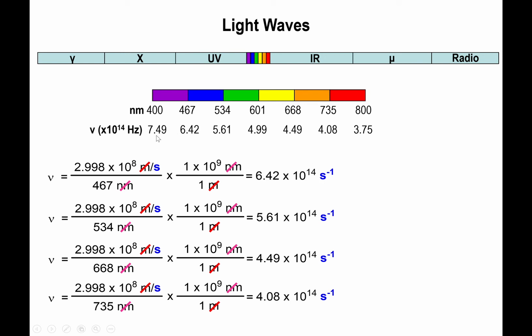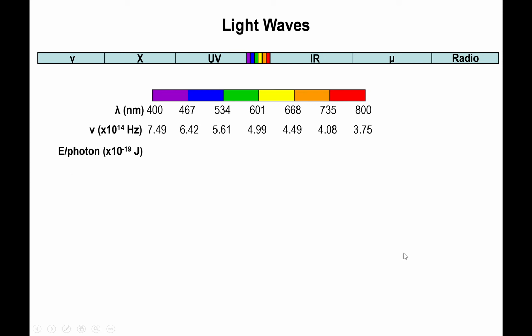And what you see is that as the wavelength increases from 400 to 800, the frequency is actually decreasing. There's an inverse relationship between frequency and wavelength. Alright, so just to remind you, 1/second is the same thing as hertz. So keep that in mind for frequency.